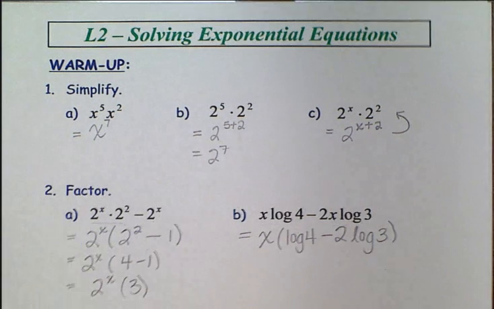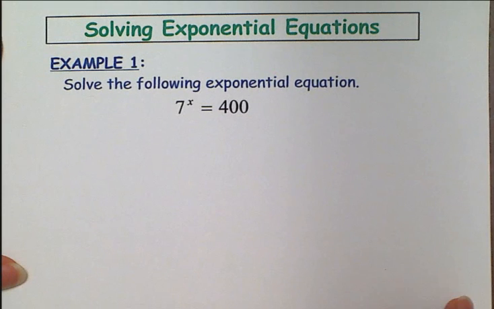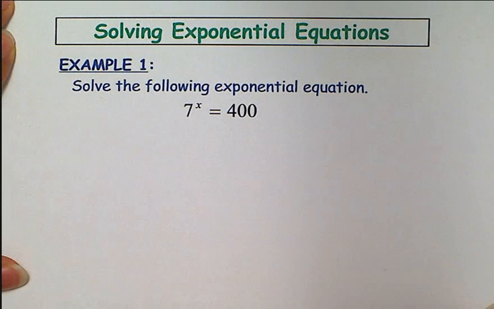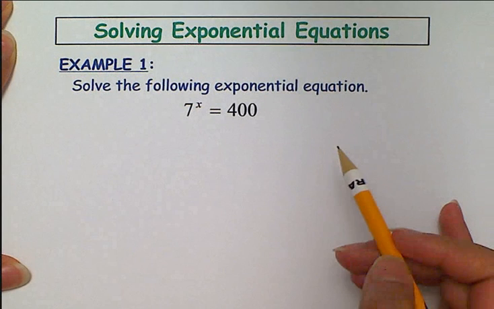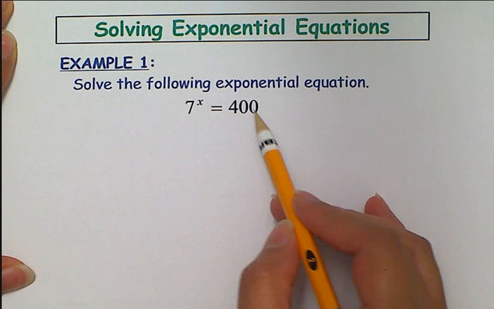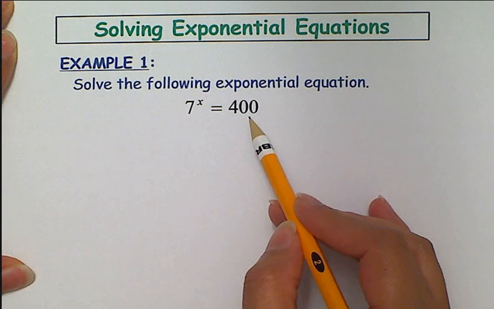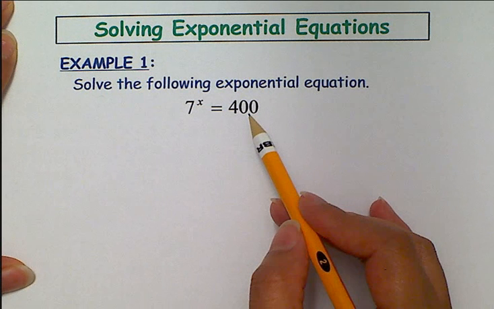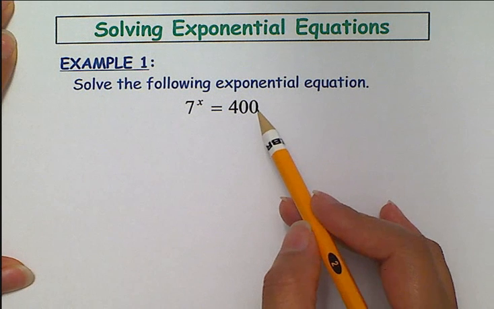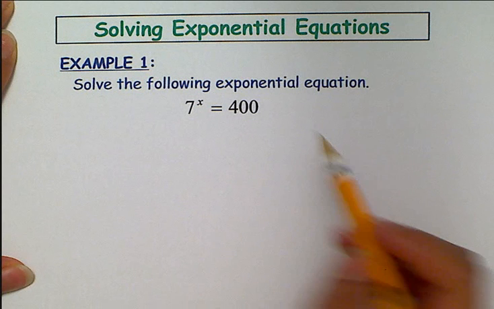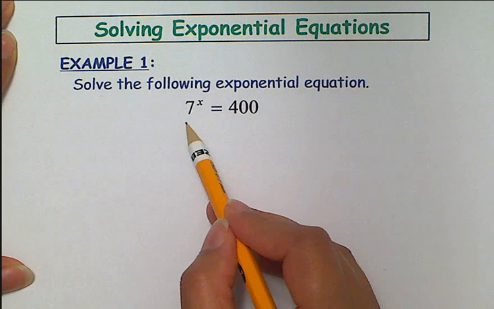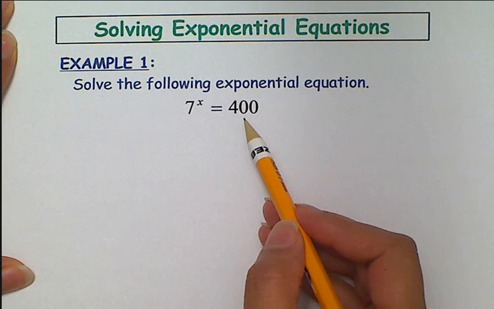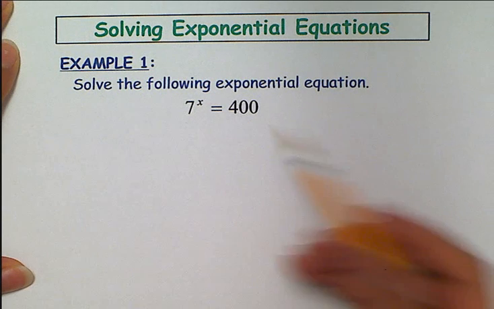Okay, so the first example for solving exponential equations is just to remind you of how we solved them before. One of the things we tried to do is write both sides of the equation using the same base, and then set the exponents equal to each other. Unfortunately, in this case, I can't do that because there's no way I can write 400 with a base of 7. So instead I'm going to take the common logarithm of both sides.